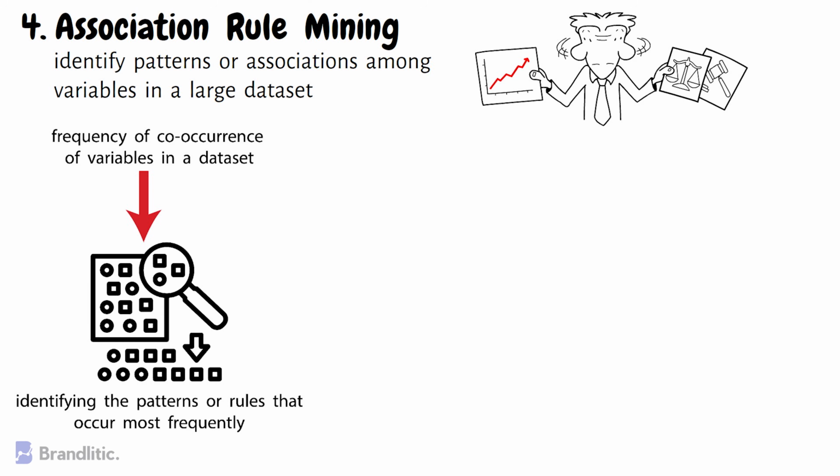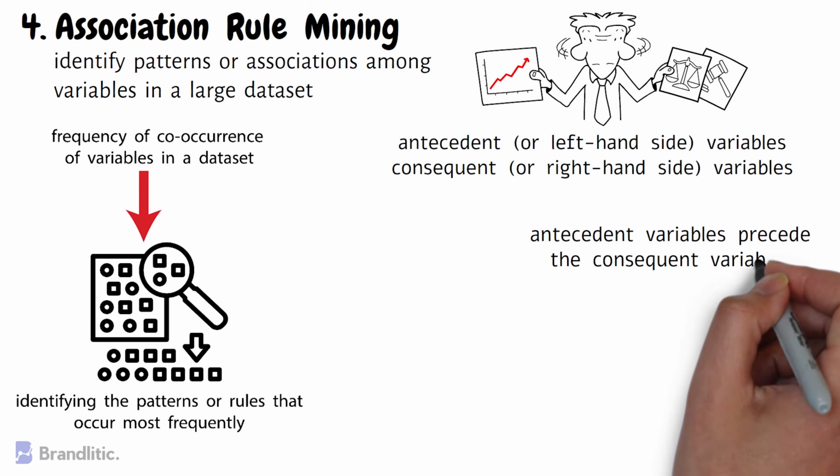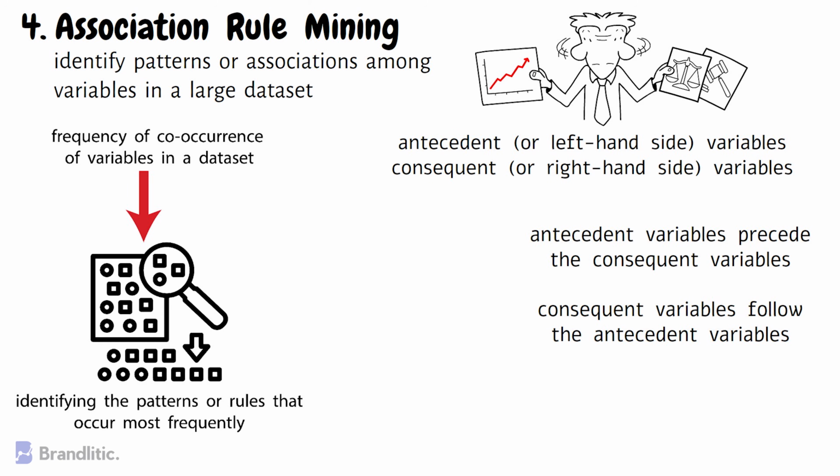These rules consist of a set of antecedent or left-hand side variables and a set of consequent or right-hand side variables. The antecedent variables are conditions or events that precede the consequent variables, and consequent variables are the events or outcomes that follow the antecedent variables.